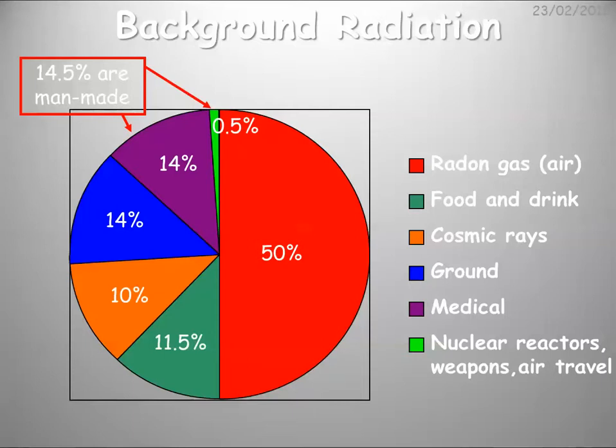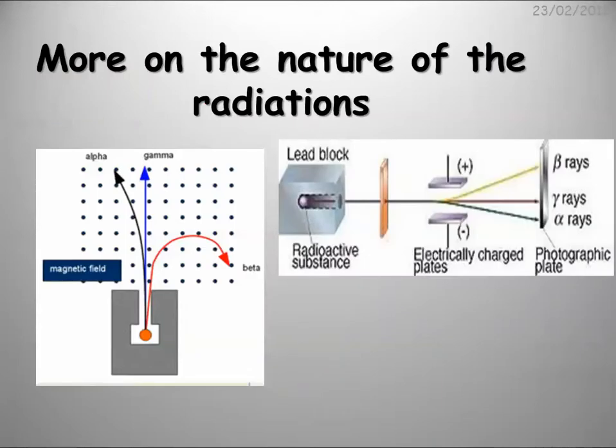Many of these will vary a little bit depending on where you are in the country or the world, so they're sort of a rough estimate as to where our radiation comes from, and generally speaking they don't cause us as humans a problem. So you just need to remember at least, say, 2 of those types as to where that radiation comes from.